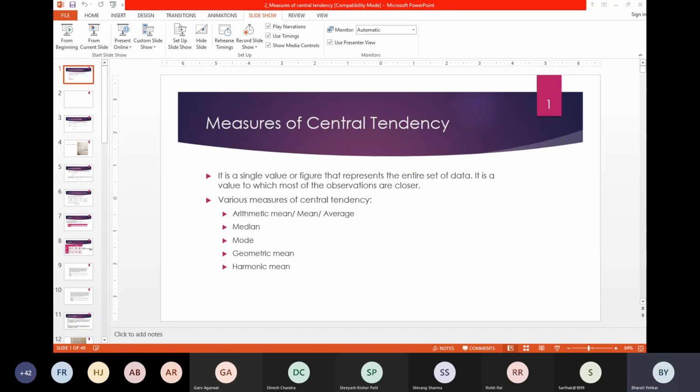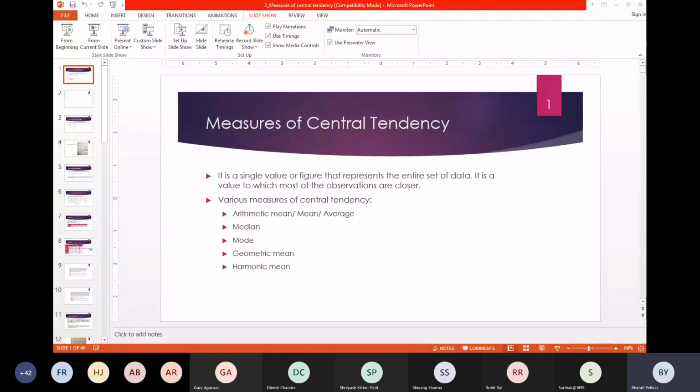Central tendency is a branch of descriptive statistics because we are dealing with numerical data, describing and summarizing the numerical properties of data. It is a numerical property. It can be counted.